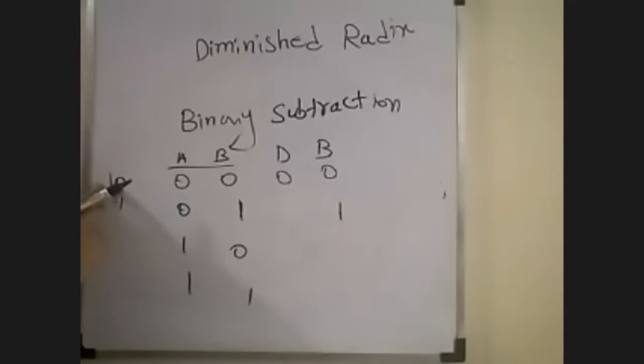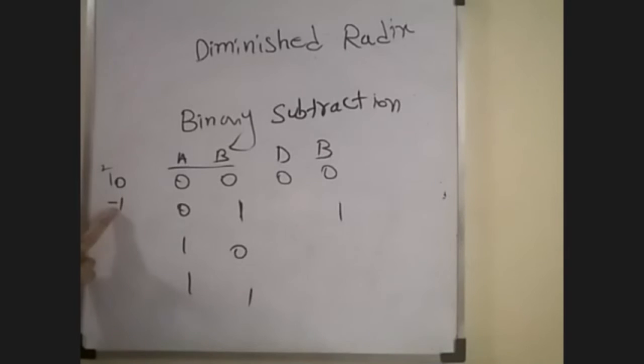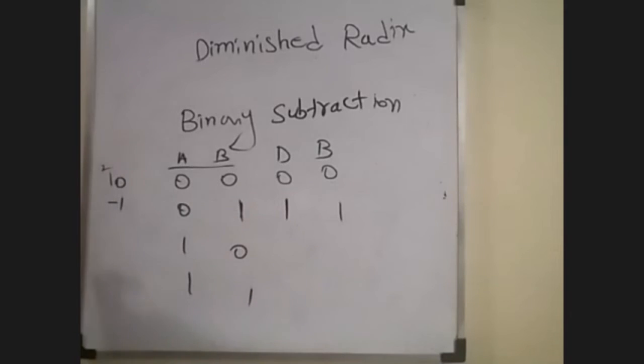It becomes 10 minus 1. 10 is nothing but an assumption; the value 10 is nothing but 2, right? So 2 minus 1 is 1. So here the difference is also 1.